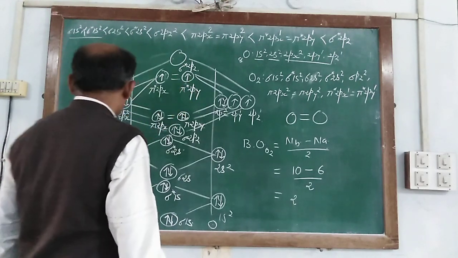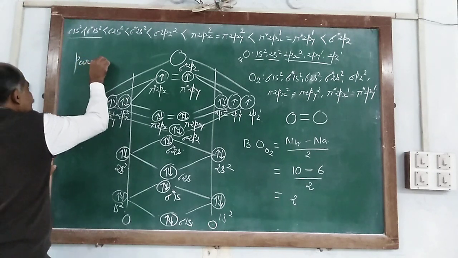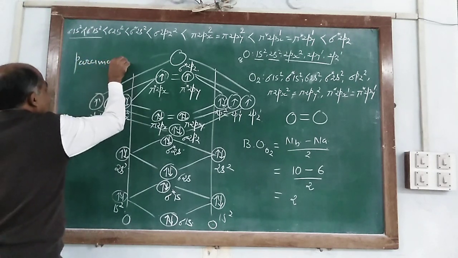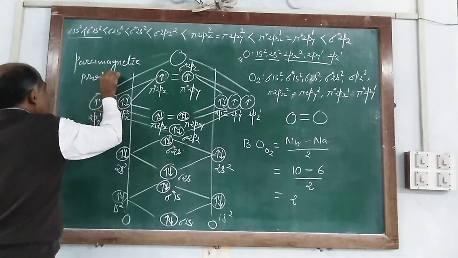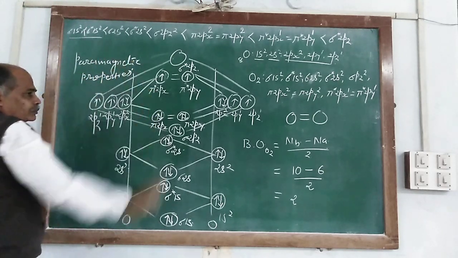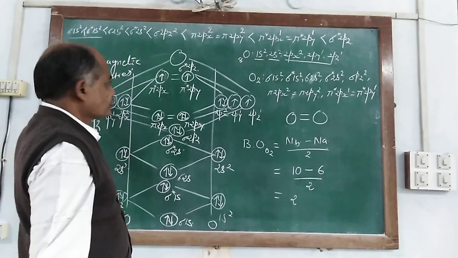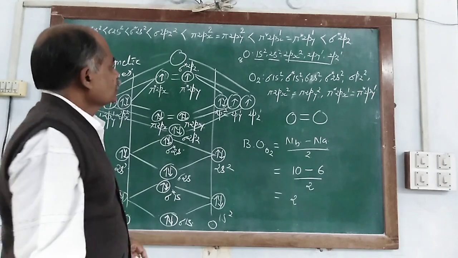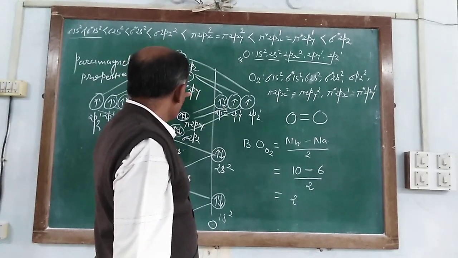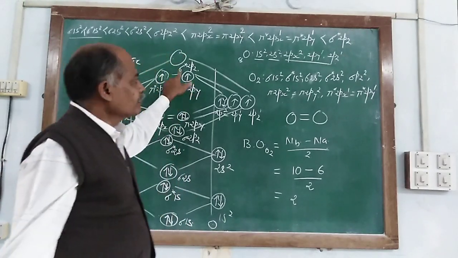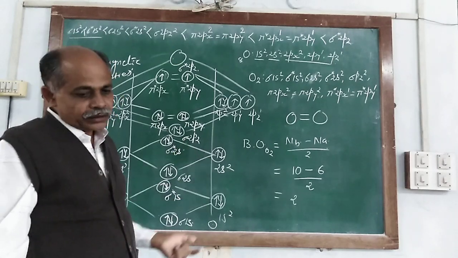So it possesses paramagnetic properties. Now, the molecular orbital diagram, magnetic properties and bond order for oxygen, it is sufficient.